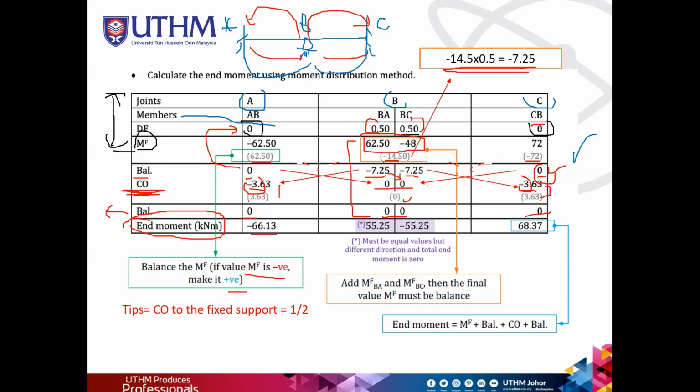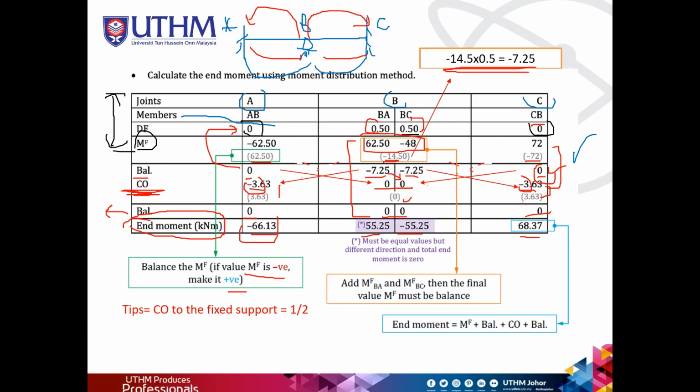So 62.5 minus 7.25, we will have 55, and this one should be the same value but different convention, positive and negative. And this one 72 minus 3.63, we will get 68. So that's how we can calculate the fixed end moment.